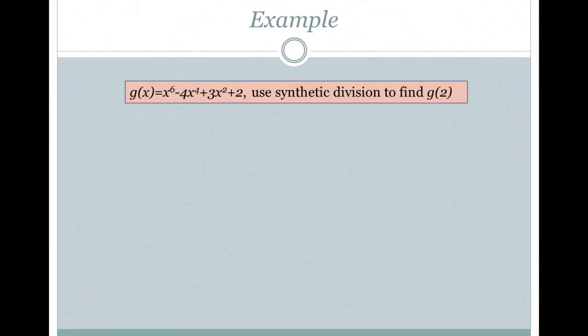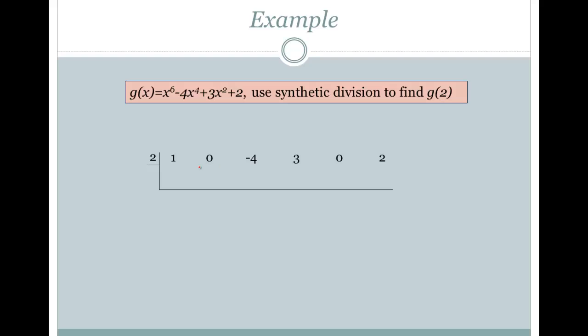Let's use synthetic division to find g of 2. So again, I want to set up my synthetic division. Again, I have 2 zeros here because there's no x to the 5th term and there's no x term here.